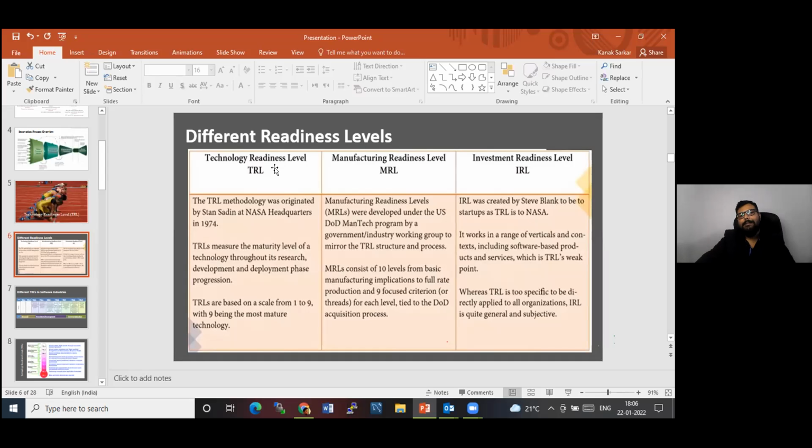I think there are three readiness levels: technology readiness level, TRL, manufacturing readiness level, and investment readiness level. There is no CRL. Rajashri sir, if you want to clarify your question, it will be better.